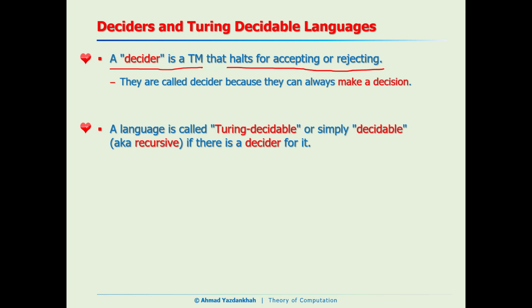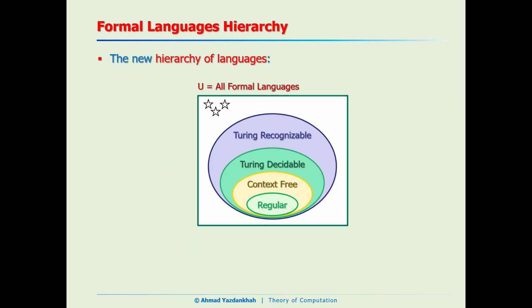And a language is called Turing decidable, or simply decidable, if there is a decider for it. Okay, so now let's look at our hierarchy of the languages one more time, because we created a new group of the Turing machines. As you see, we separated Turing recognizable from Turing decidable.